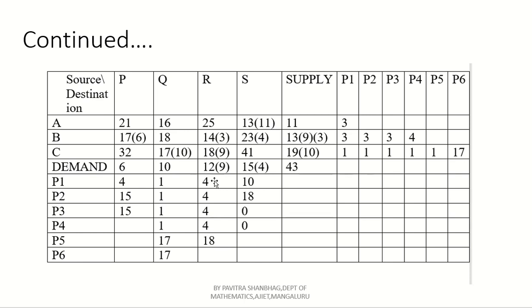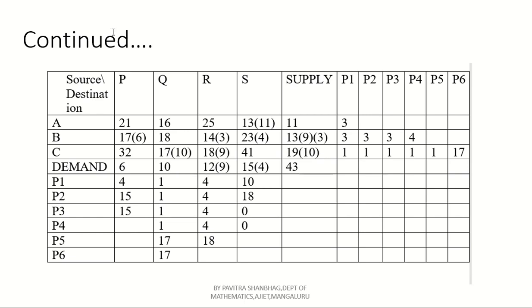Consider that particular column. Here you have to consider only this 18 element, because row 1 and row 2 were already removed. Now comparatively, the demand is 12, and what supply remains here? We should allocate the lowest value.